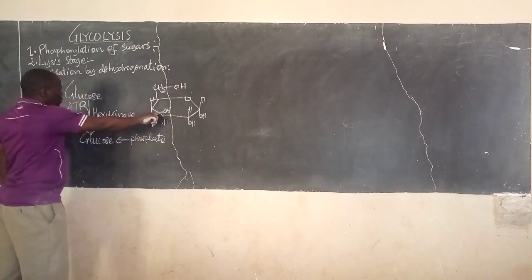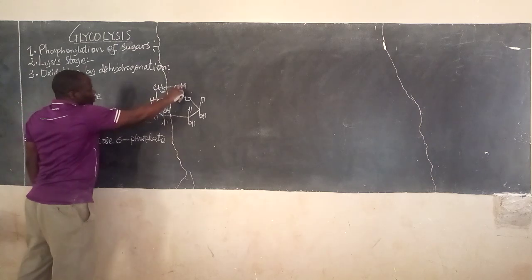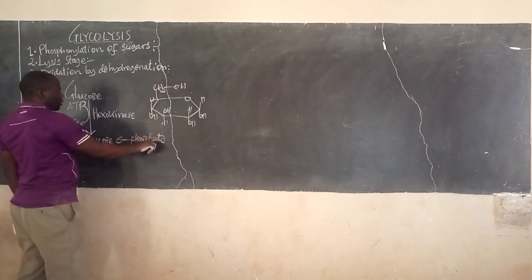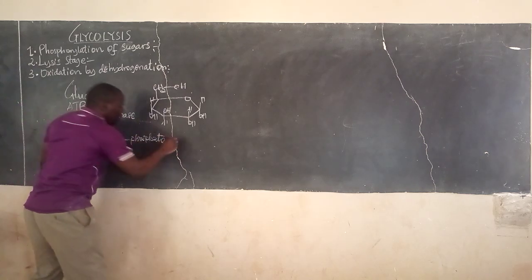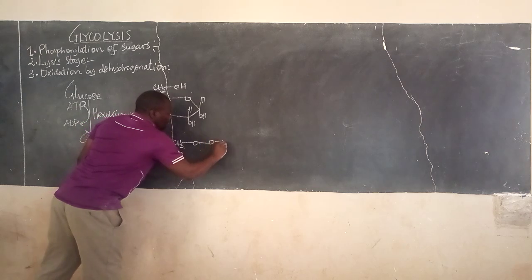This is our glucose. After addition of phosphate at this position, it is going to change into glucose 6-phosphate by hexokinase, to form the structure like this.